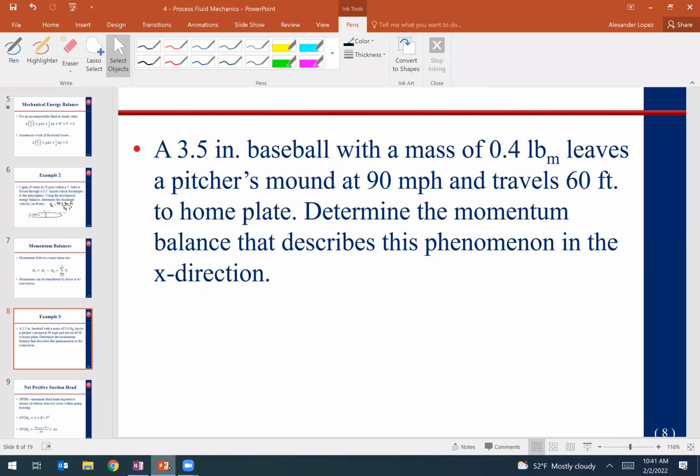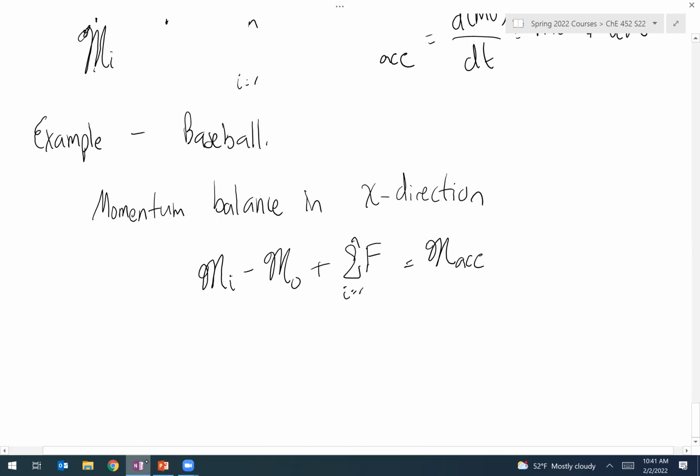So in this system, I've got a baseball flying with its initial velocity at 90 miles per hour, going 60 feet.